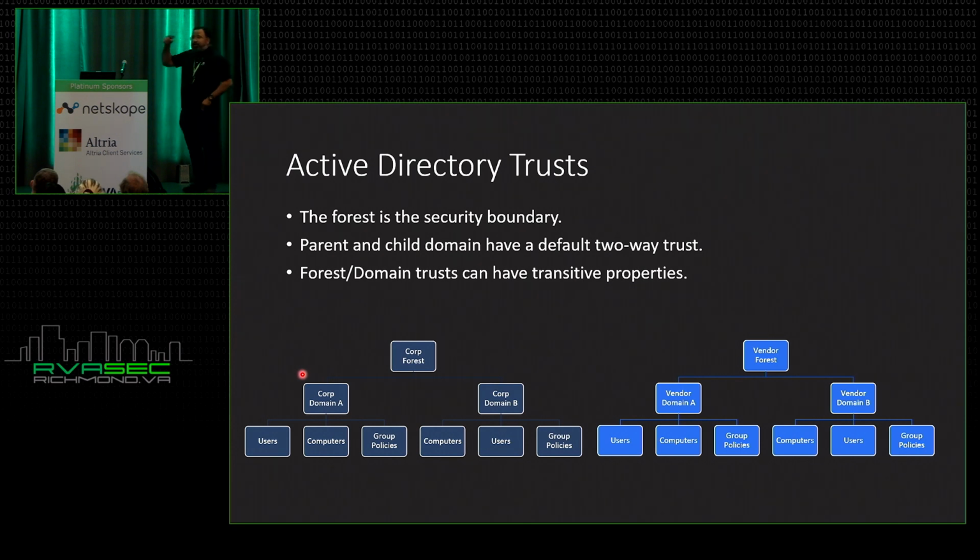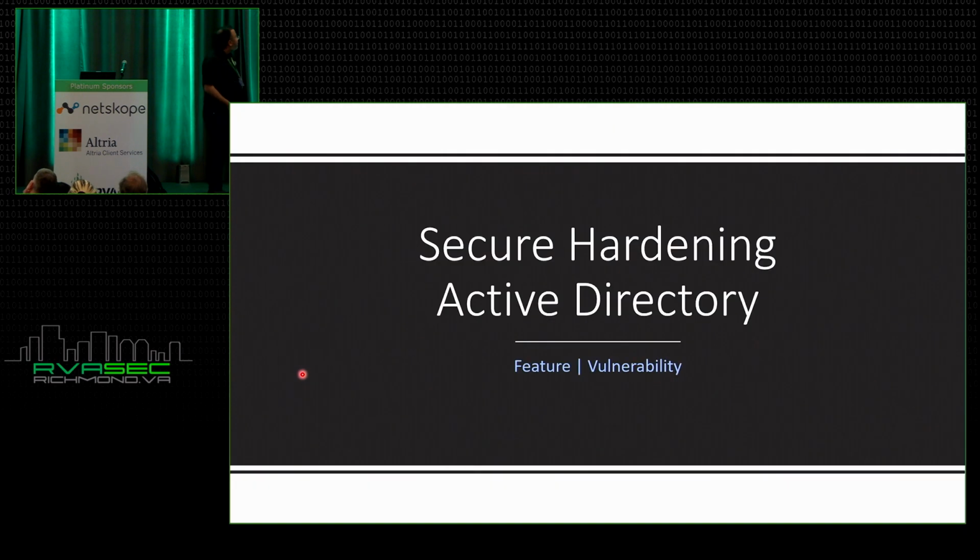Because remember, the TGT, the Kerberos ticket is encrypted with KRBTGT's hash, right? In this case, the ticket will be encrypted with that trust key. So I just forge an inter-realm TGT. I go from vendor forest to corp forest. Your HVAC vendor and your target.